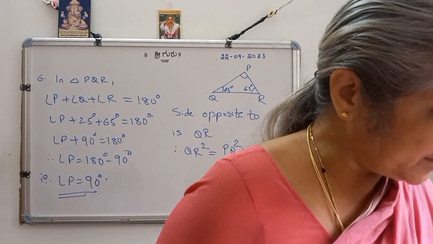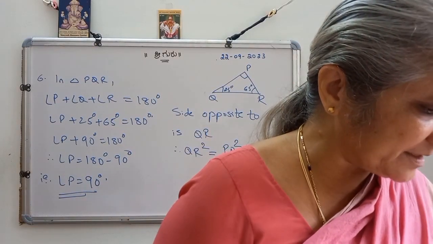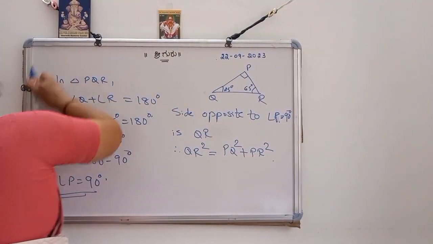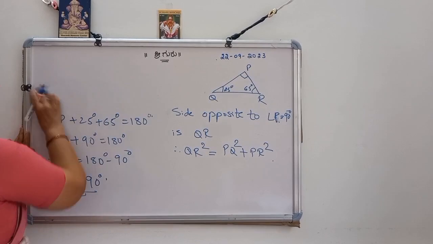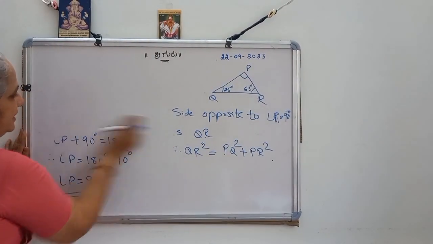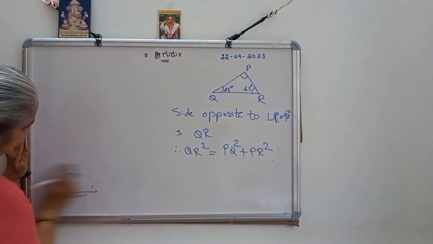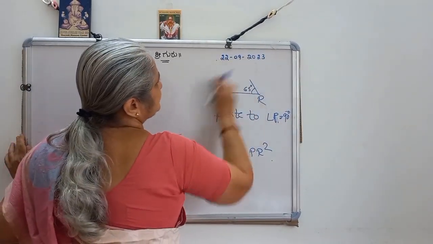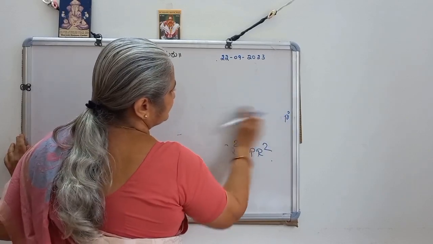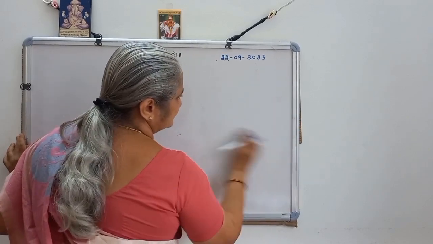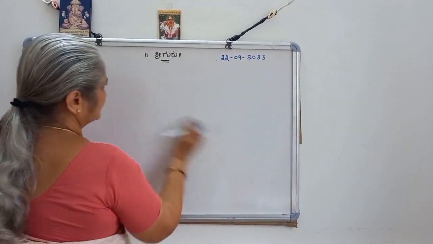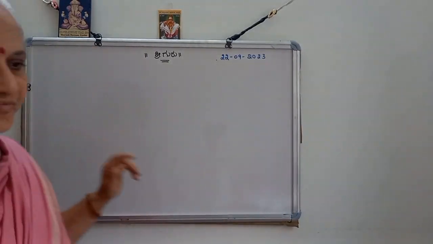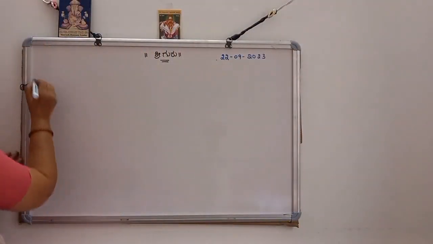Then the seventh one: find the perimeter of a rectangle whose length is 40 centimeter and the diagonal is 41 centimeter. Now you should be able to draw the rectangle and the diagonal of that rectangle. Seventh one.